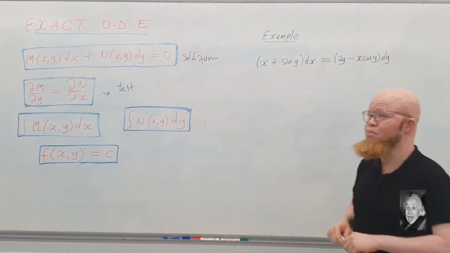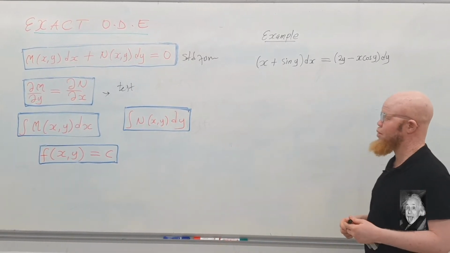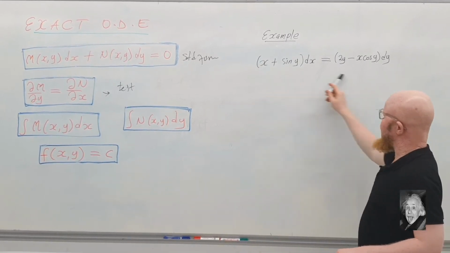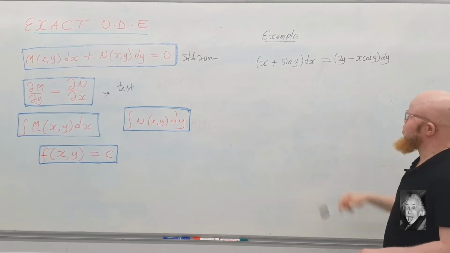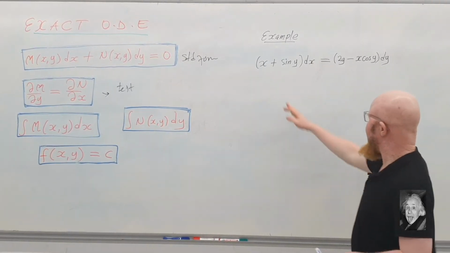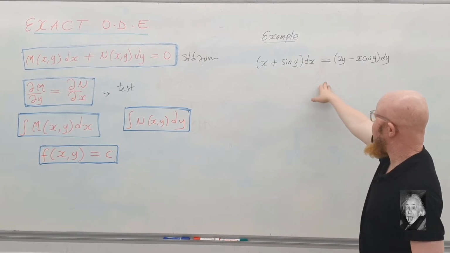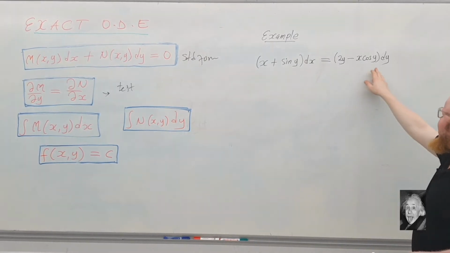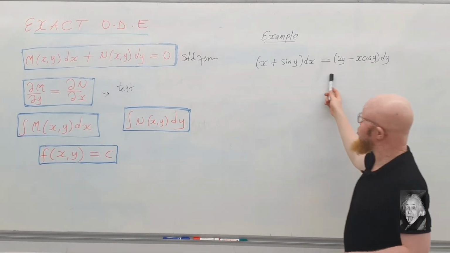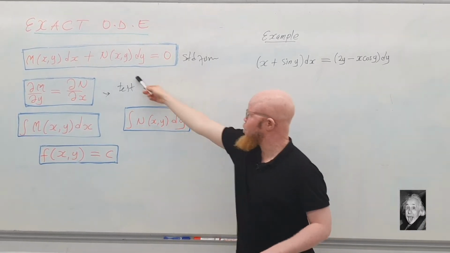So let's look at an example of how we can solve an exact ordinary differential equation. You have got this equation, and you should find the solution for this ordinary differential equation: (x plus sine y) dx is equal to (2y minus x cos y) dy. So is it possible to convert this into the standard form?